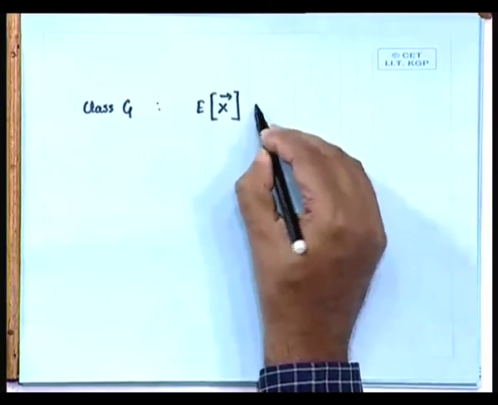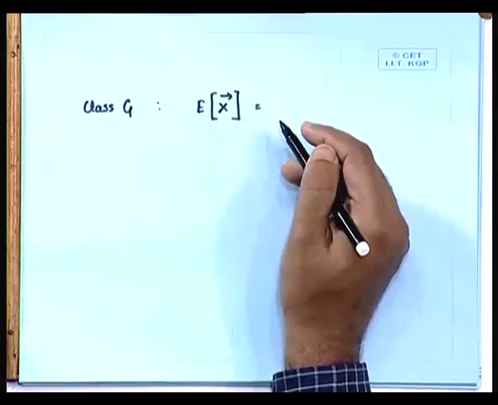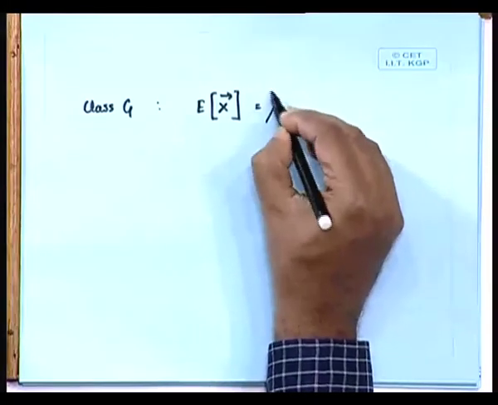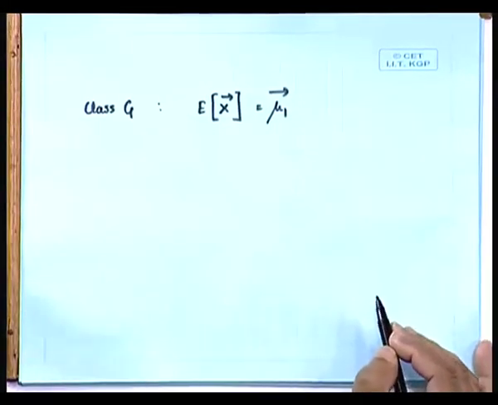In this case, is the mean a scalar or a vector? Definitely a vector, because all the instances of this random variable x are vectors. So the mean is also an m dimensional vector. We call this mean vector the mu1 vector.